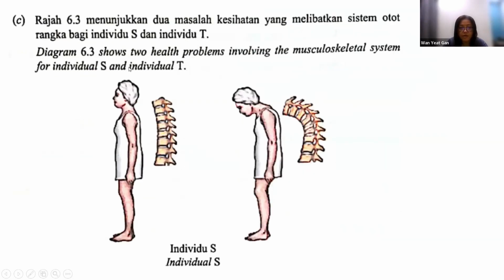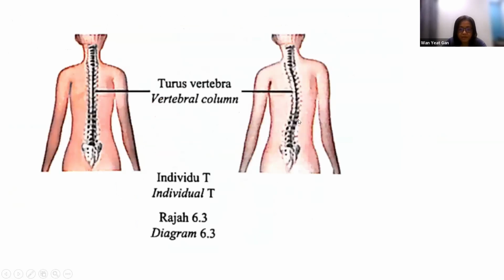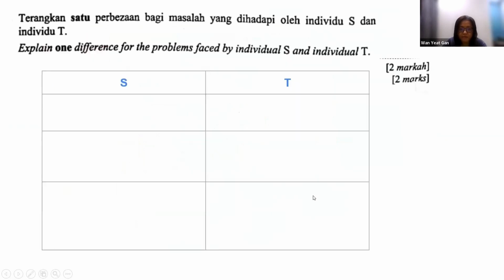Okay, next, we look at this diagram here. Diagram 6.3 shows two health problems involving the musculoskeletal system. You can see that this person, individual S, her bone is bad. But individual T, her vertebral column is in a C shape, right? So the condition of both are different.